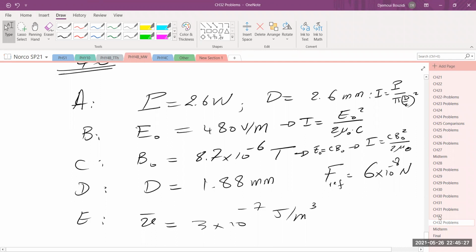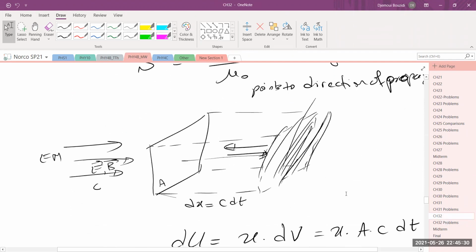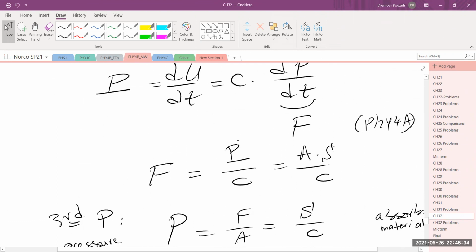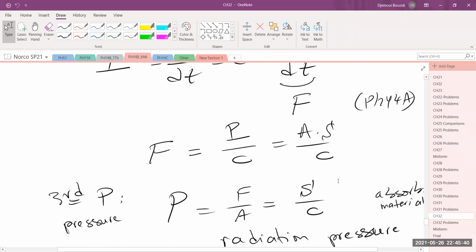Remember the force. Let me go back into the lecture where we found the force, which is dP over dt. The force is P over C or A S over C, however you want to write it. And S on average, when I average this quantity, is going to be I. So it's A I over C. So let's go back into this problem.